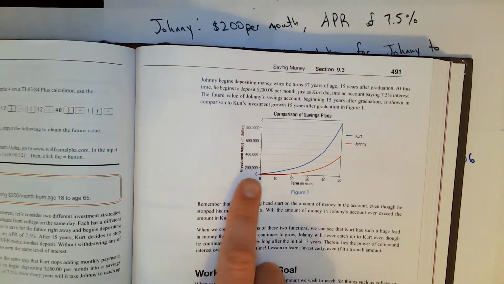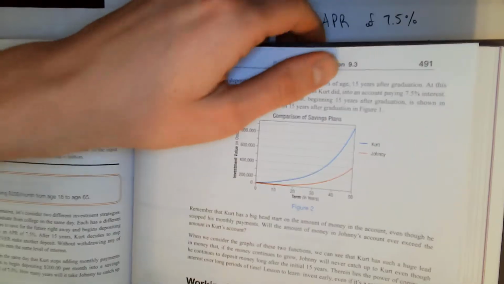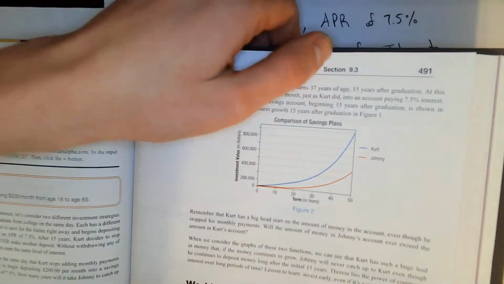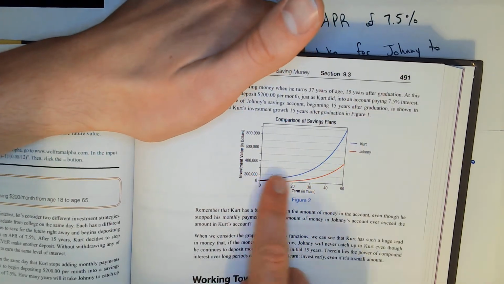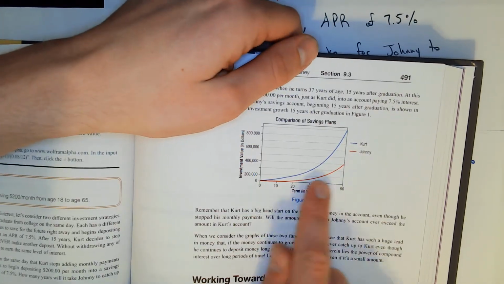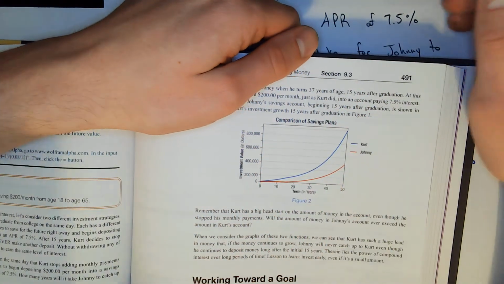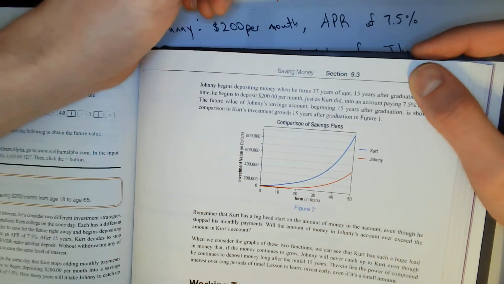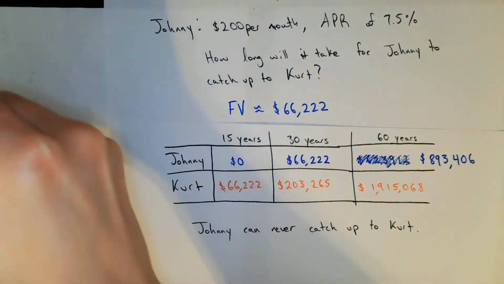Right here, you see they use blue for Kurt and red for Johnny. I did the exact opposite over here. Oh well. So you can see Kurt's money is exploding up much faster than Johnny's, and Johnny's going to keep growing, but he'll never be able to catch up to Kurt's money because Kurt just invested much sooner, or much earlier.